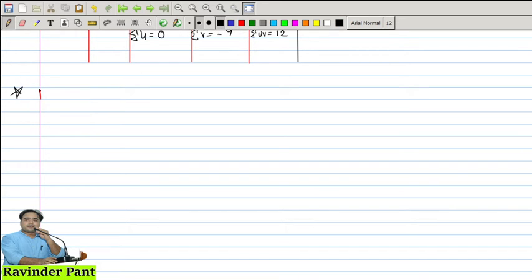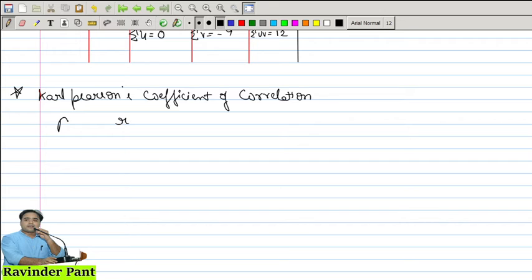Now we studied the Karl Pearson's coefficient of correlation, which was a kind of relative measure of covariance. How did you calculate it? This is r, or people also write it as rho of x and y, for Pearson's.